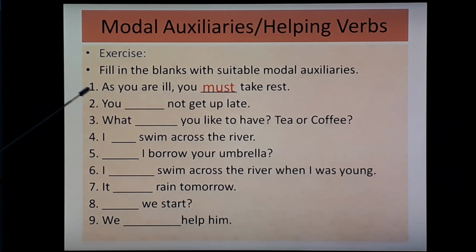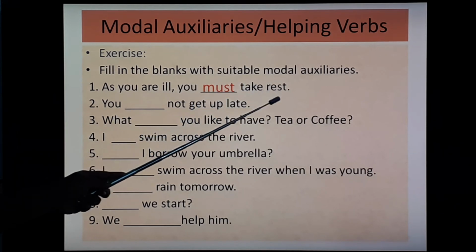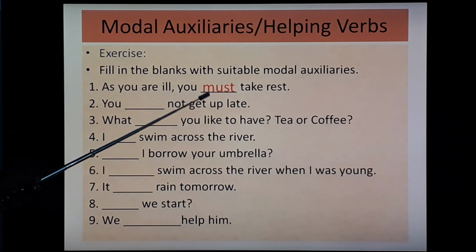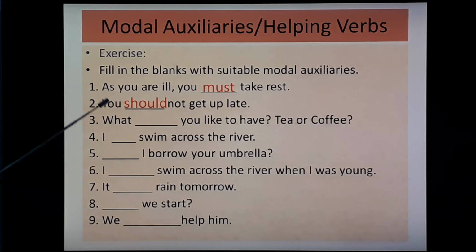First, as you are ill, you must take rest. So here it is compulsory to take rest. That is why you have to write must. Second, you should not get up late.